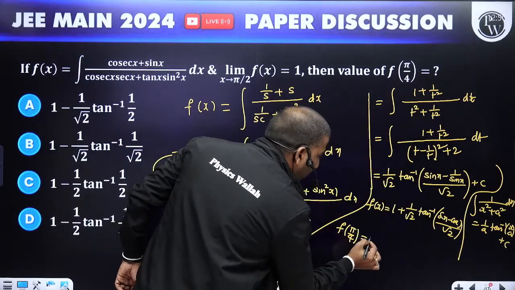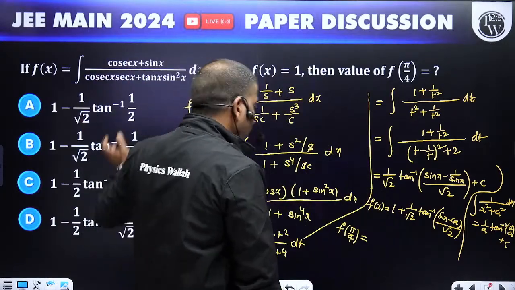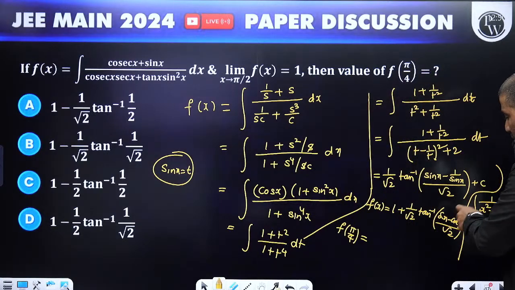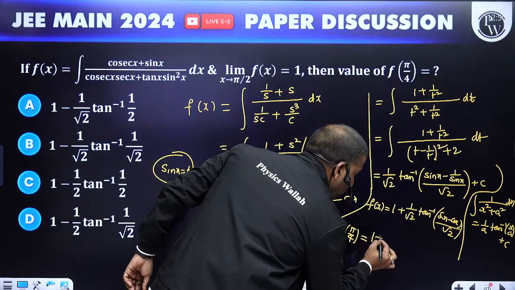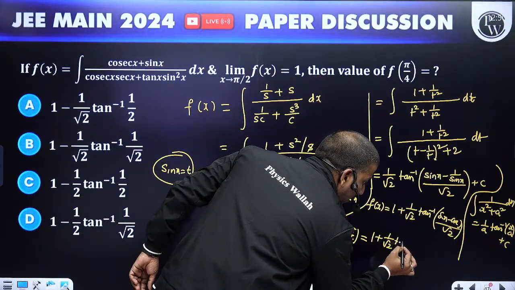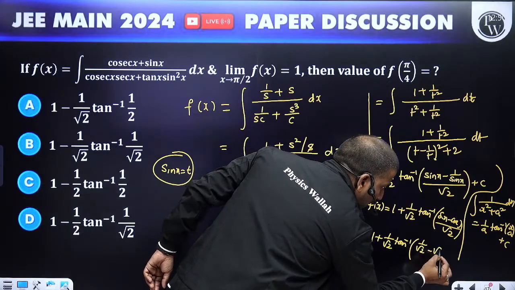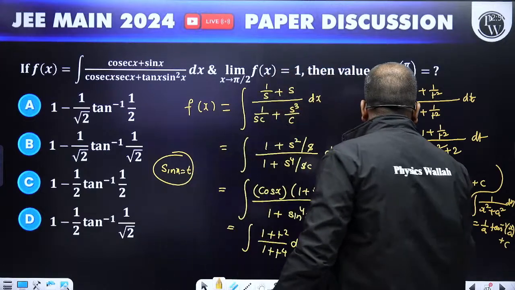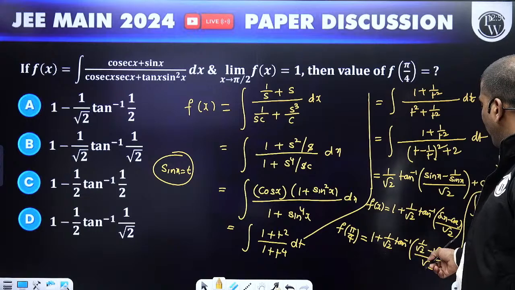When we want f of pi by 4, let us directly look at 1 plus 1 by root 2. But it's 1 minus 1 by root 2, because sin x is 1 by root 2. So that is 1 plus 1 by root 2 tan inverse of 1 by root 2 minus root 2 by root 2. So root will be there, minus will come.